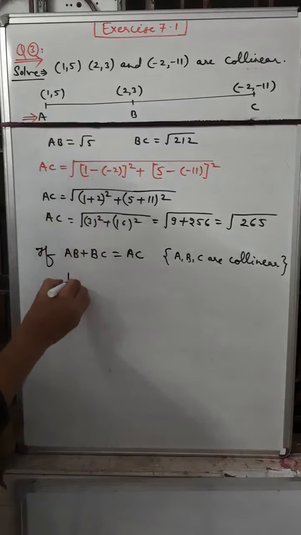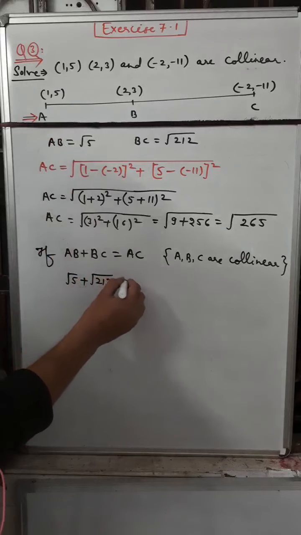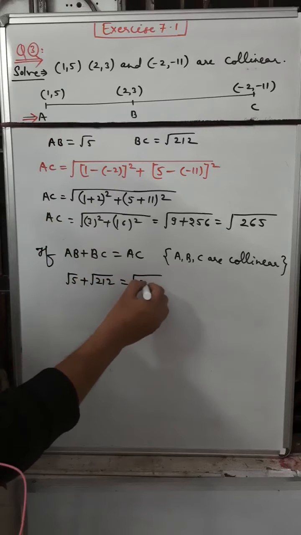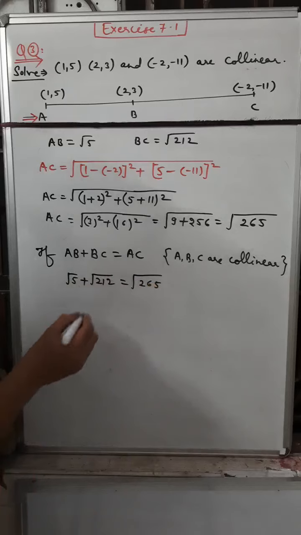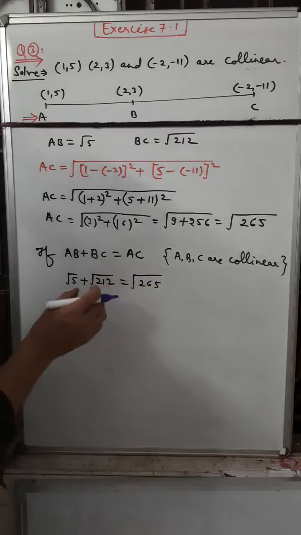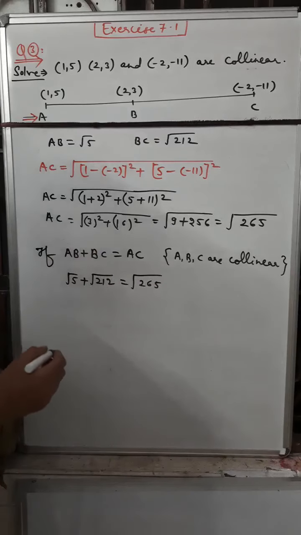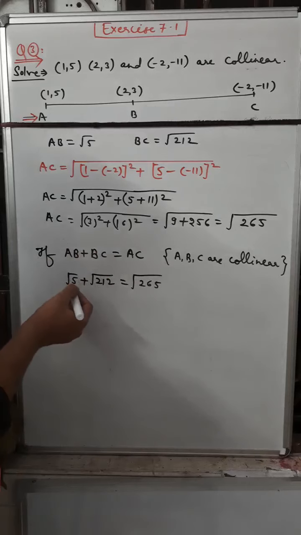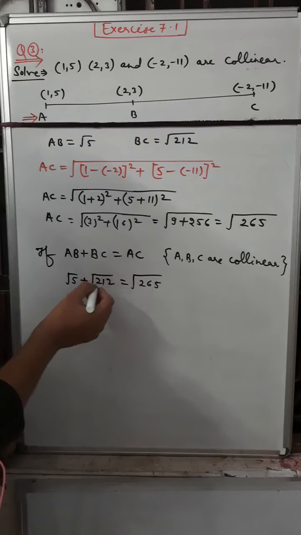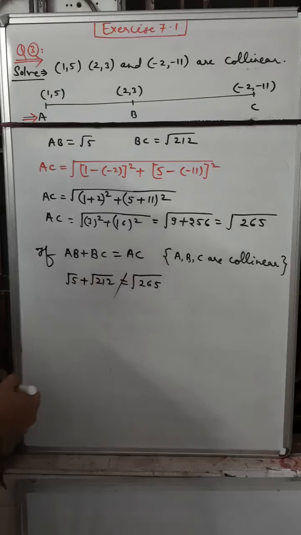AB is root 5, BC is root 212, and it does not equal root 265. It is not possible. If you try to calculate by any way, definitely the sum is not equal to 265. You can check by using a calculator or any device if you want. So you can't get the solution here. So that will not equal AC.